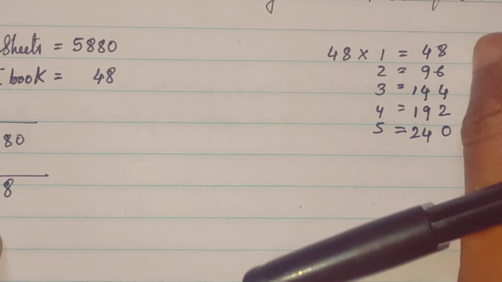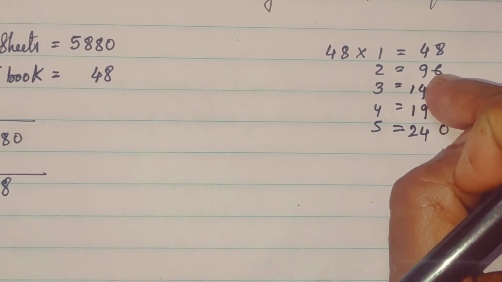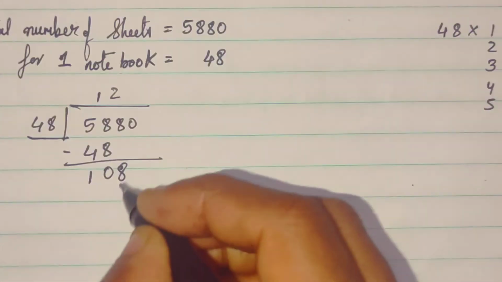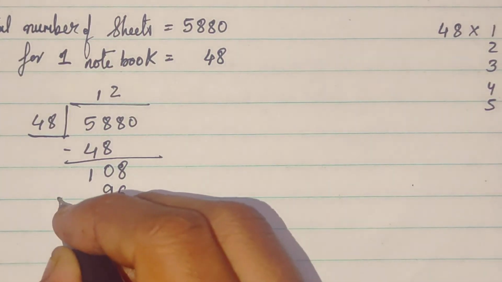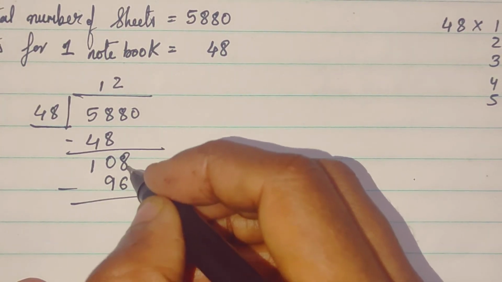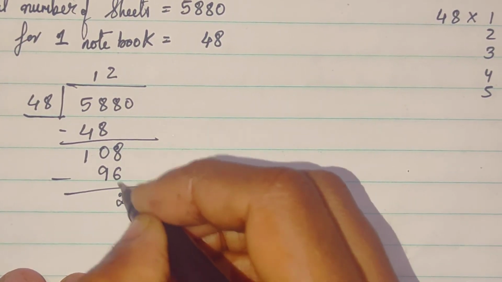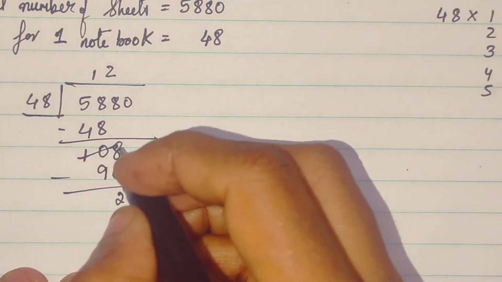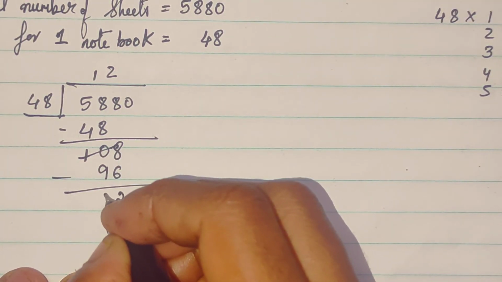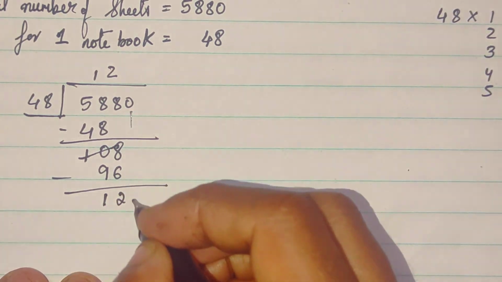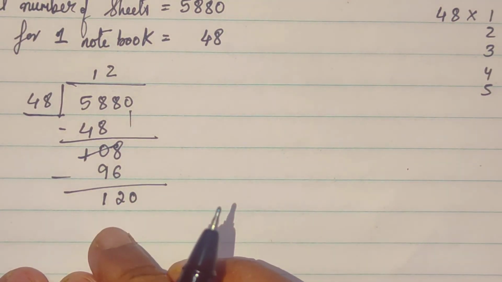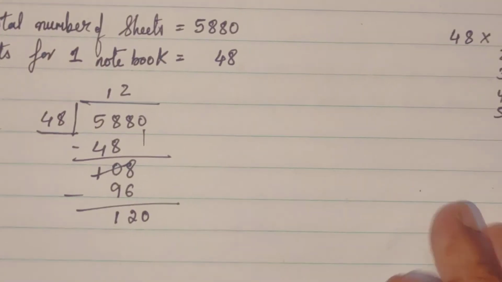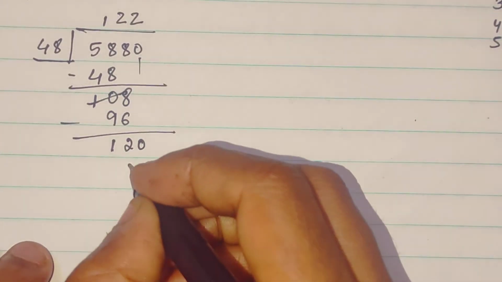And here we can take 2s are 96. So after subtraction 8 minus 6 2 and 10 minus 9 1, and this 0 will carry down, 120. So from here again we can take 2, so 2s are 96.